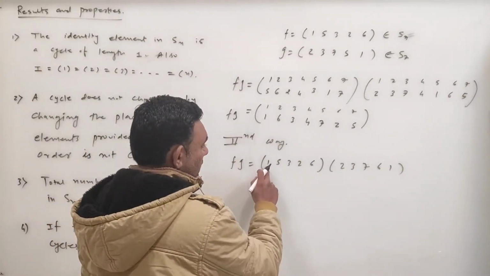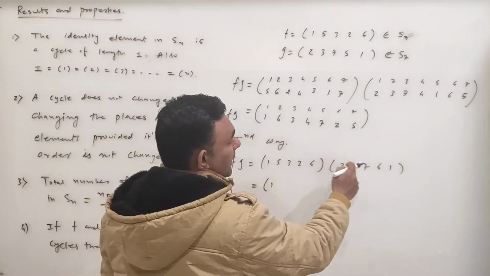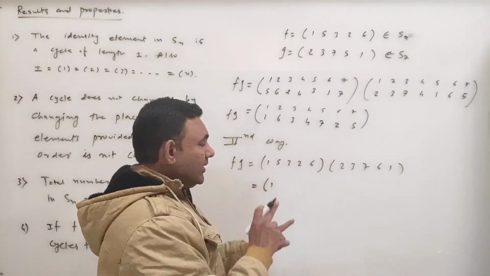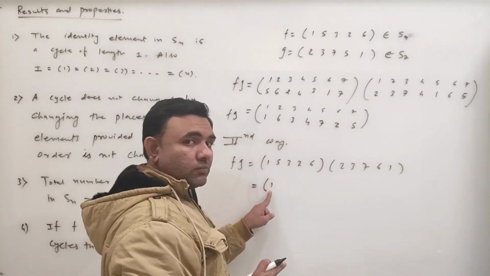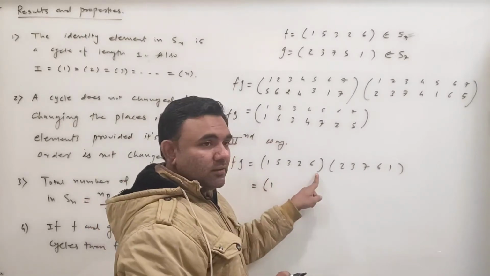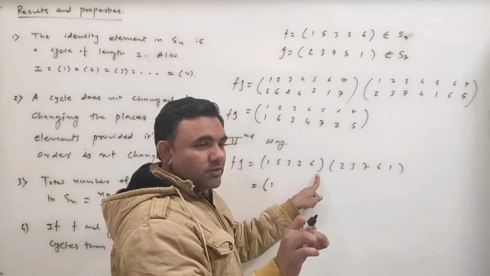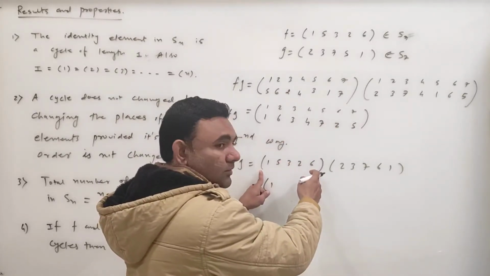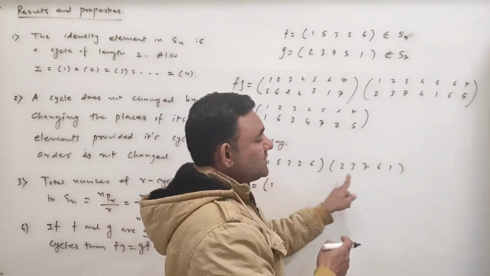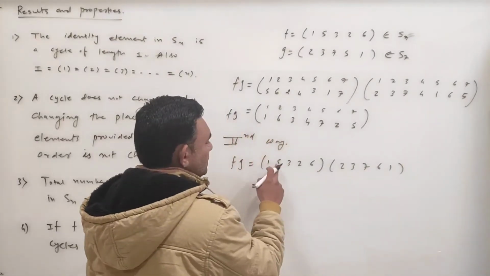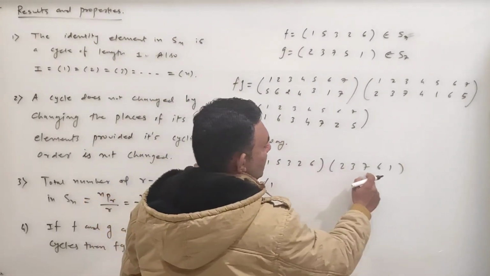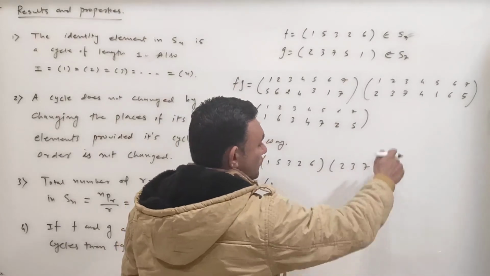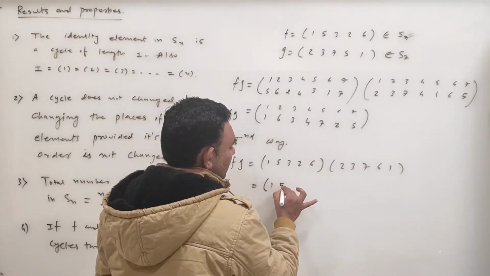So from here 1 goes to 5, and here 5 goes to... So you find out the image of 1 in the first cycle, then whatever image you get, you find out the image of that in the second cycle. Here the image of 1 is 5, and now you look at the image of 5 here. 5 is absent, so 5 goes to 5, so I will write here 5.